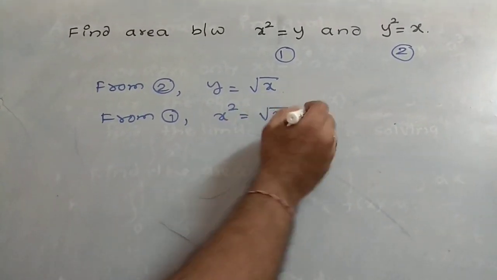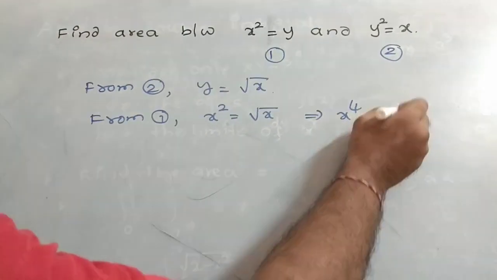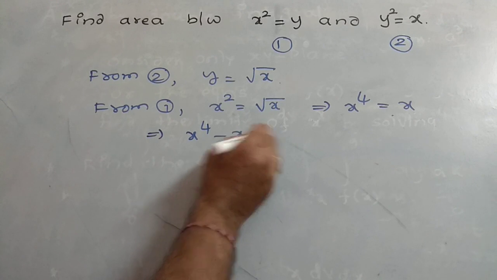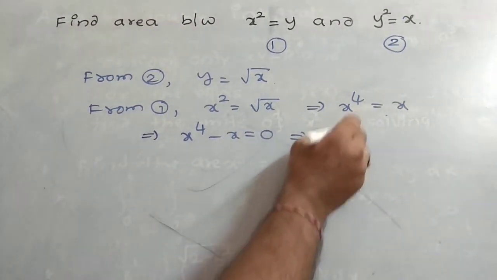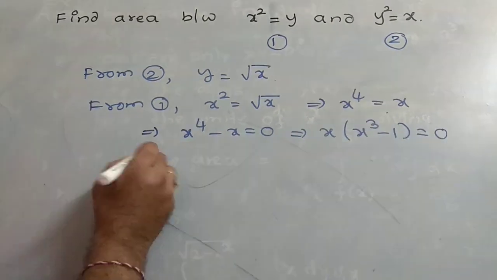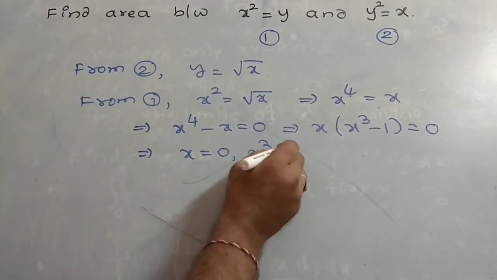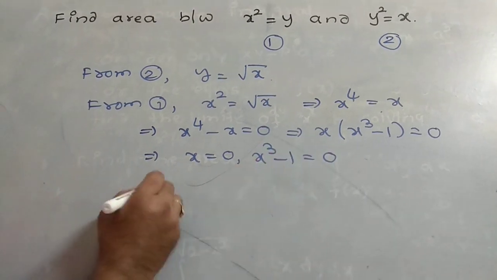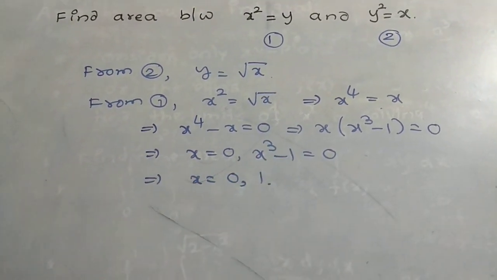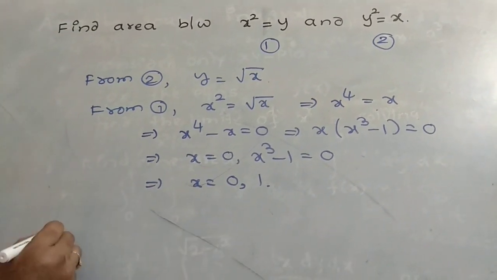To avoid this root x, squaring on both the sides, x to the power of 4 equal to x, or I can write x power 4 minus x equal to 0. If I take x common, it is x cube minus 1 equal to 0. By that you are getting either x equal to 0 or x cube minus 1 equal to 0. Now what are the possible values of x variable? 0 and 1.